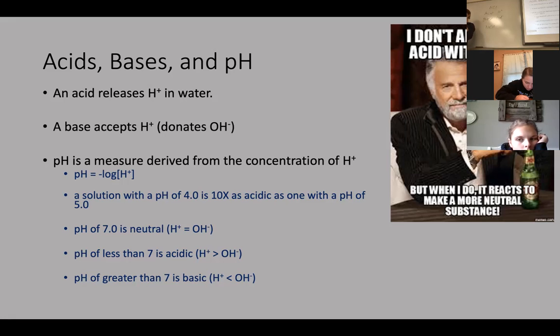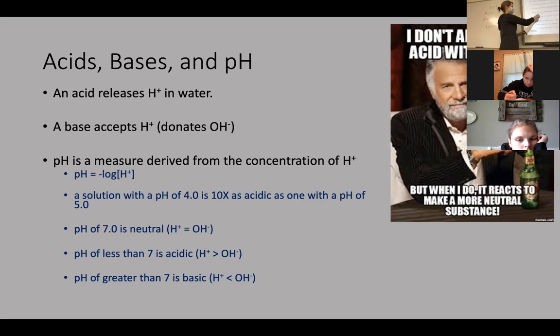More acidic, right? So more H+ means more acidic. Is that higher or lower pH? Lower, yeah. So I'm going to show you the pH scale in a minute, but down here, actually, you can see. Anytime the pH is below that magic number of 7, which is our neutral, it's going to be acidic.